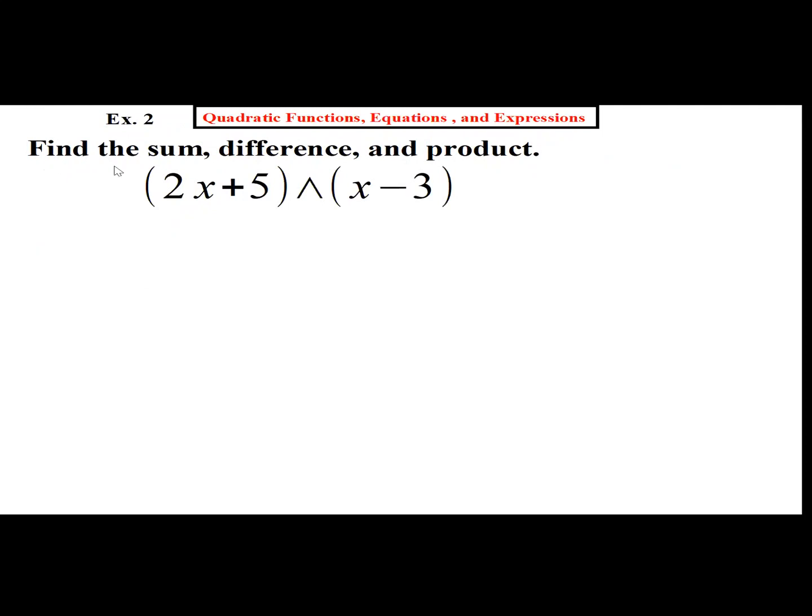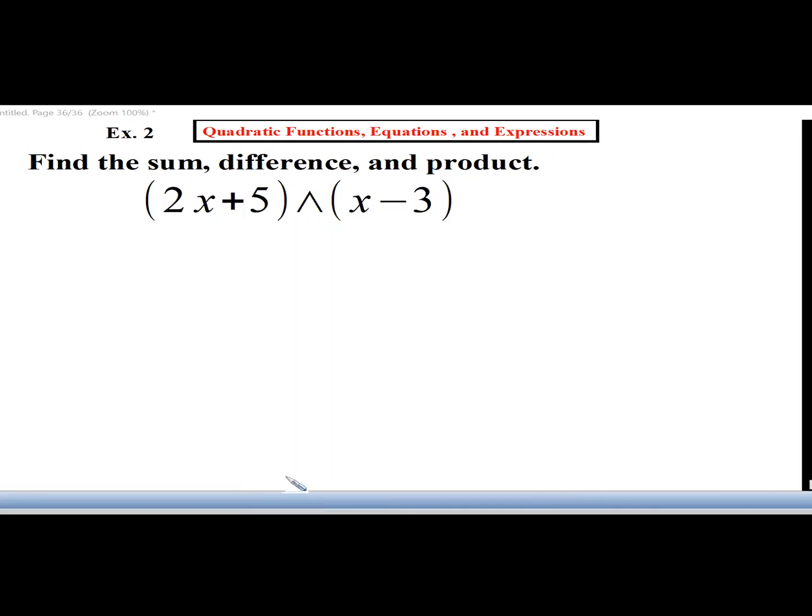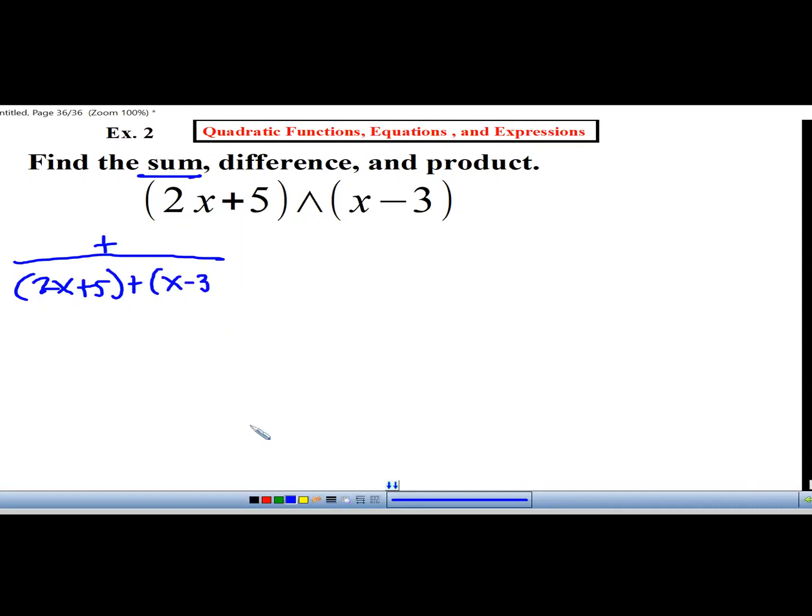Example 2 reads, find the sum, difference, and product of 2x plus 5 and x minus 3. Once again, 2x plus 5 and x minus 3. For the sum, I want you to use blue. So I'm going to put a little plus, and we're going to write 2x plus 5 plus x minus 3.